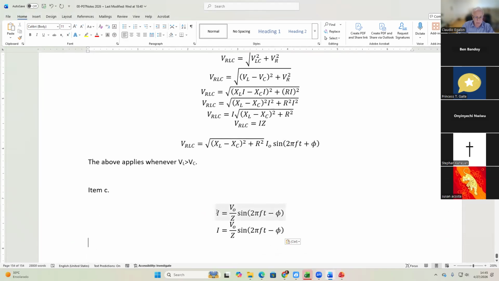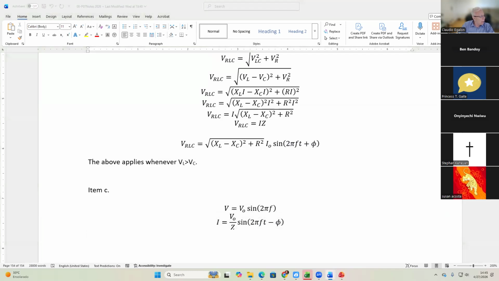If we consider the voltage as being V naught with no phase in here, then the current would be written as though it lags the voltage. And what about the angle phi? You can find out what the angle phi is just by looking at the drawings there.